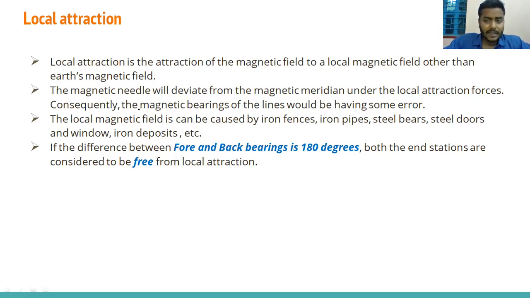One method that is very important, I would say: if the difference between fore bearing and back bearing is 180 degree, then both the stations are considered to be free from local attraction. Difference between back bearing and fore bearing equals plus or minus 180 degree.